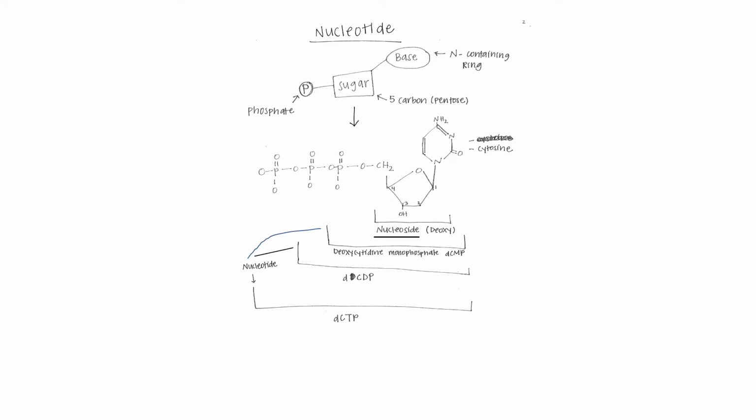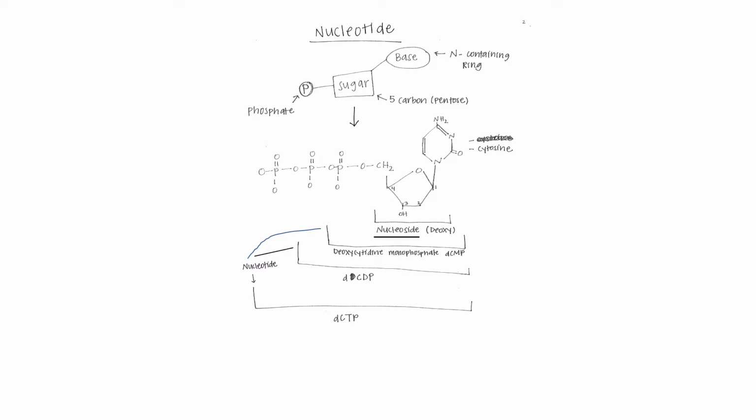Now in terms of the nomenclature, we have the bases, which we'll look at in a little bit. When you have a base like cytosine just attached to the sugar with no phosphates, it's referred to as a nucleoside. And it says deoxynucleoside because this is a subunit of DNA.